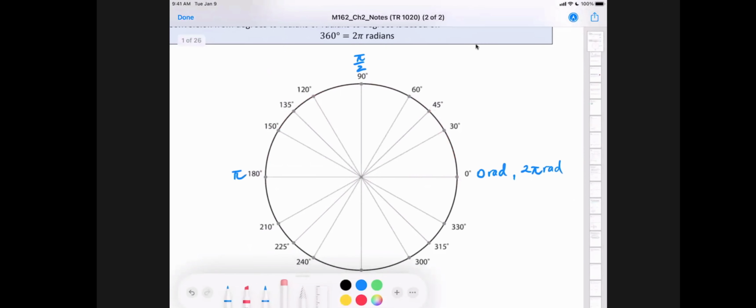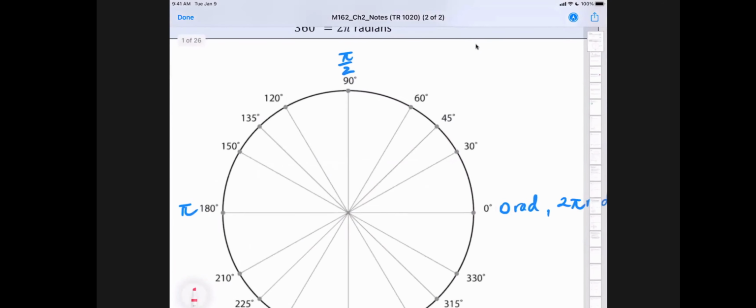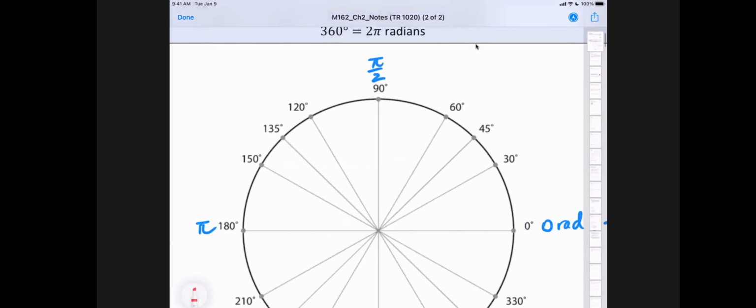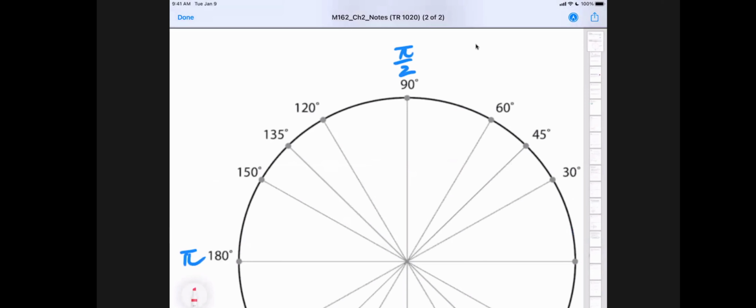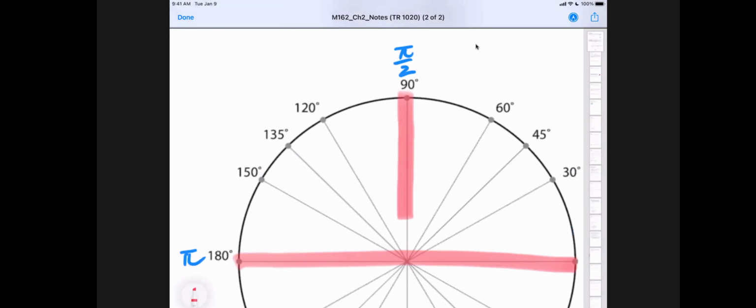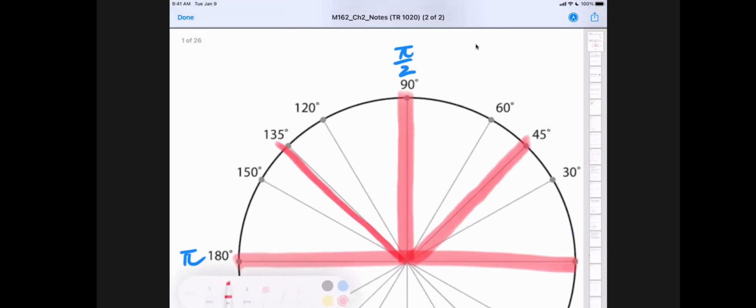How about we go through the 45-degree increment. Again, we're going to zoom up here and only look at the top portion of the semicircle. Remember that the 45-degree angle takes a quadrant and cuts it in half. So if I look at the top half of the circle, we cut the circle into 4 equal pieces, 1, 2, 3, 4.